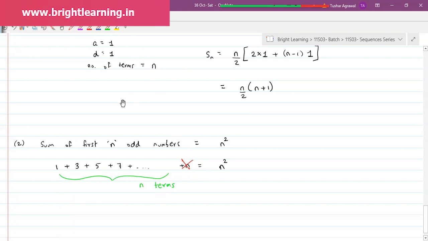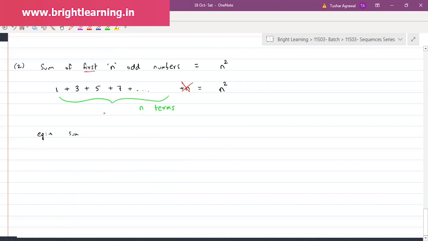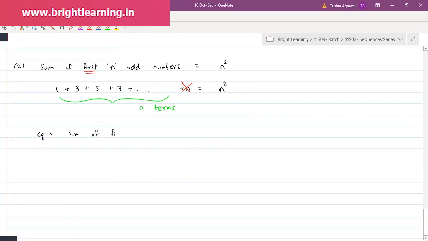So for example, again it should be the first n, so remember first n odd numbers: the sum of the first 4 odd numbers.